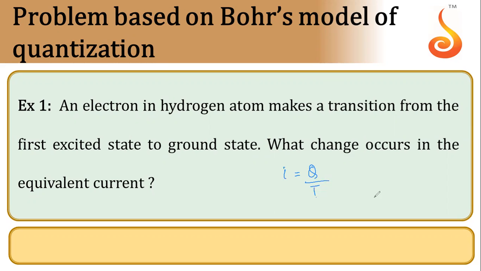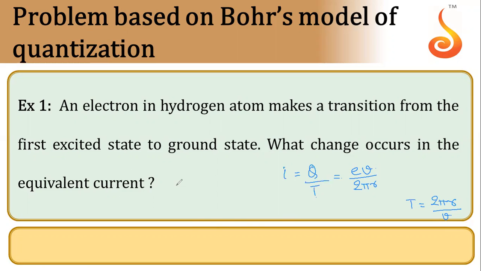Now the time period to complete one revolution will be distance by speed. So 2 pi r will be the distance traveled in one complete revolution divided by speed, that is v, and q is the charge. So charge of the electron is e divided by time period 2 pi r divided by v. So that will be the current which is flowing.